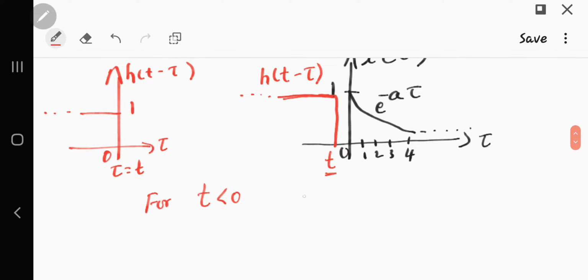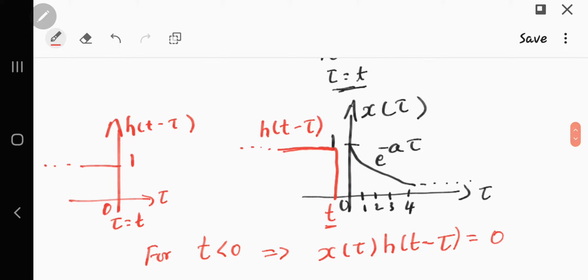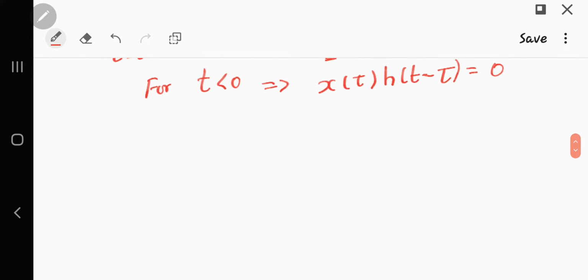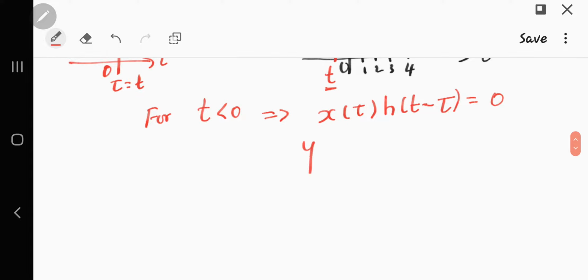For t less than 0, the multiplication of x of tau and h of t minus tau will be 0 because no signal is overlapping. If the product becomes 0, we don't have anything to integrate. So integration of 0 is 0. Then y of t will also be 0. So this is the first case.